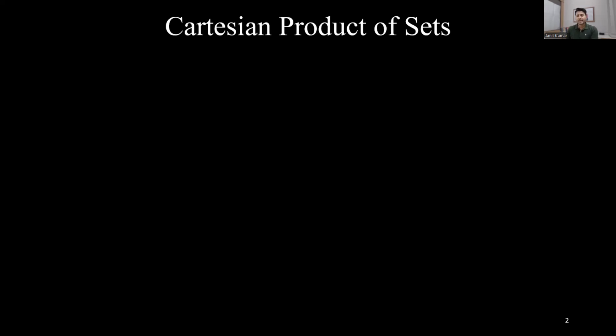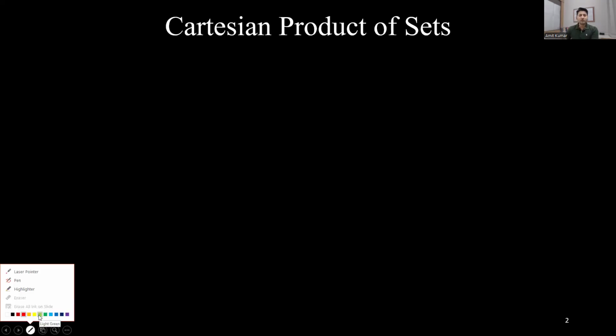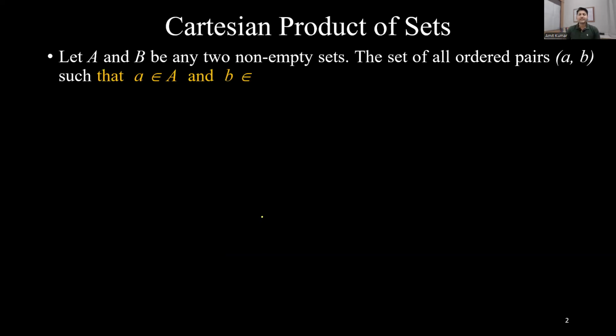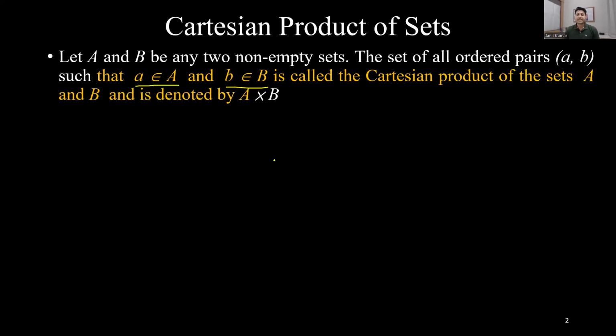So let us try to understand how two sets can be multiplied, also known as the Cartesian product of sets. Let A and B be two non-empty sets. Then the set of all ordered pairs of the form (a, b), where a belongs to the first set and b belongs to the second set, is called the Cartesian product.